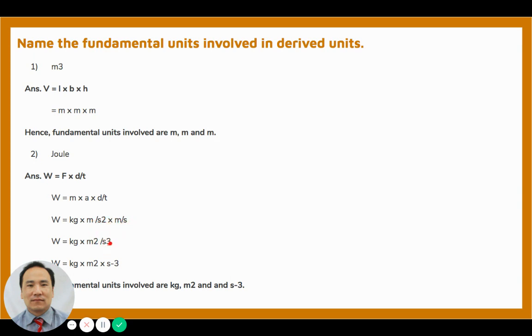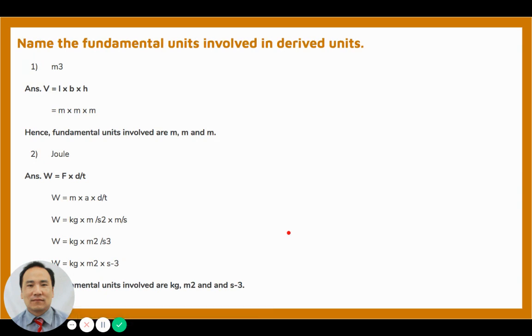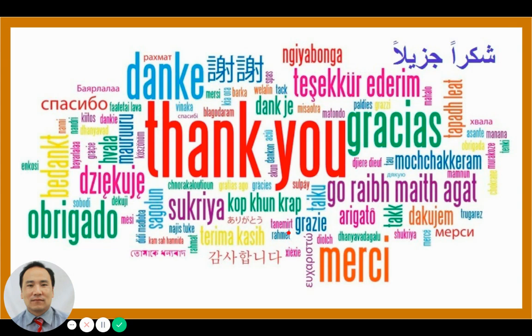In total, it becomes kg square meter per square second. So the fundamental units involved here are kg, square meter, and per square second. In this way, you can find the fundamental units involved in derived units. With this, I want to wrap up session 1. Thank you.